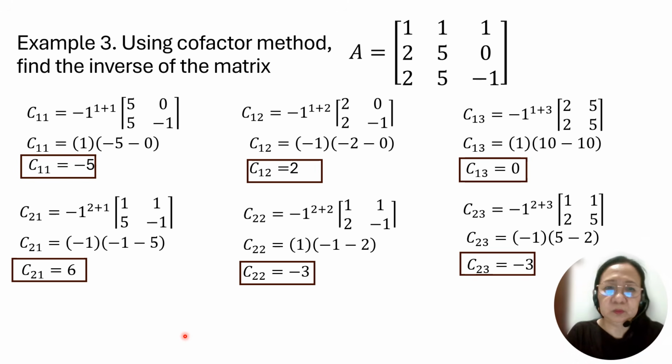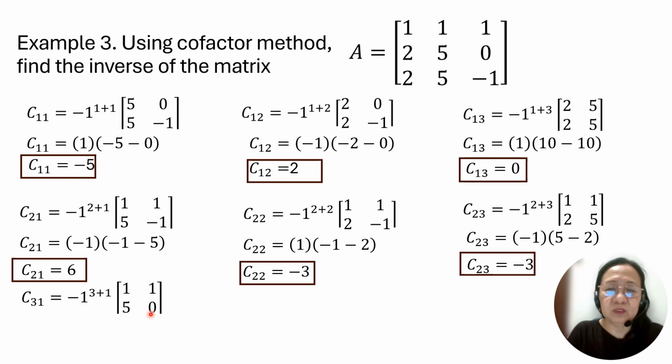And then for the third row, the first number is 2. So we have C sub 31. That is now the position. Negative 1 is raised to 3 plus 1. Slash the third row, slash the first column. So the remaining matrix is 1, 1, 5, 0.